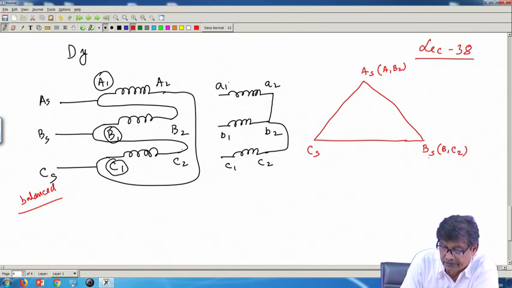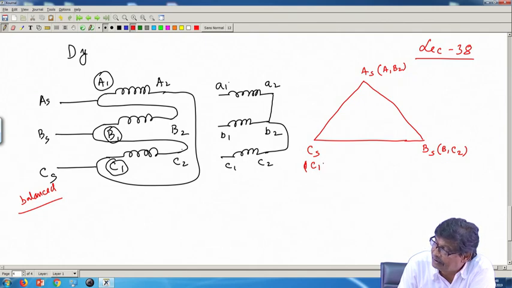And CS, as you can see, is connected to C1 and A2. CS is nothing but C1 and A2. This is the thing.